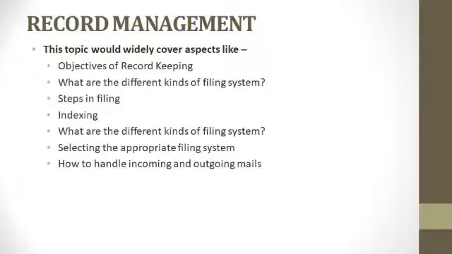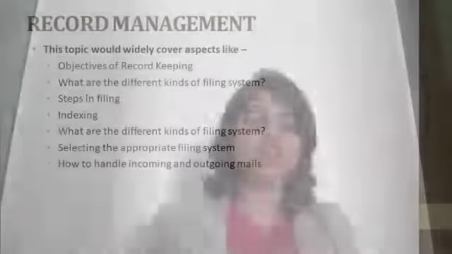Record management basically helps you in understanding why record keeping is important, to understand what is happening in an organization, what needs to be removed after a point of time, what needs to be maintained for future documentations, what needs to be adopted, what was not being done in the previous years.